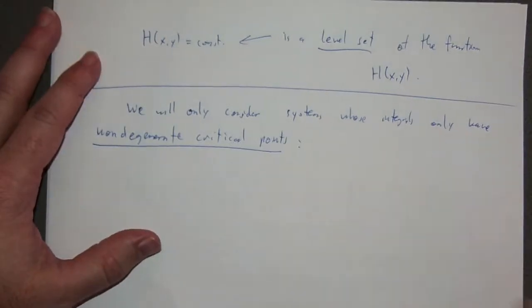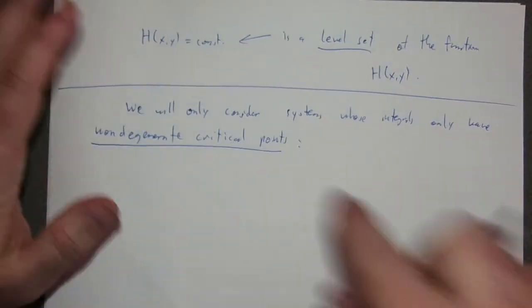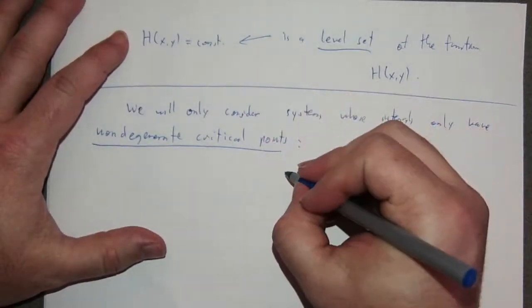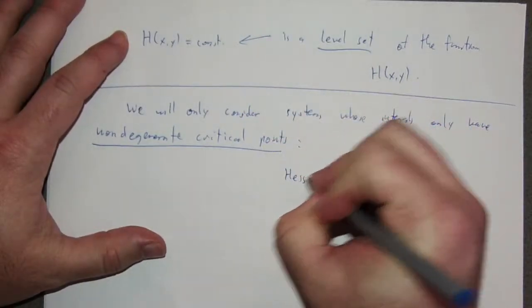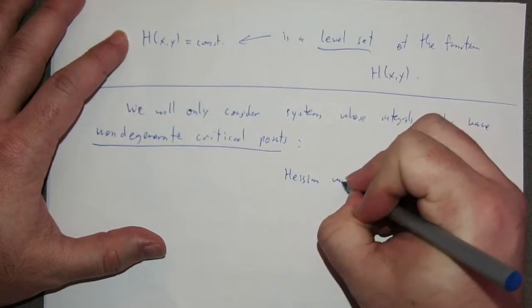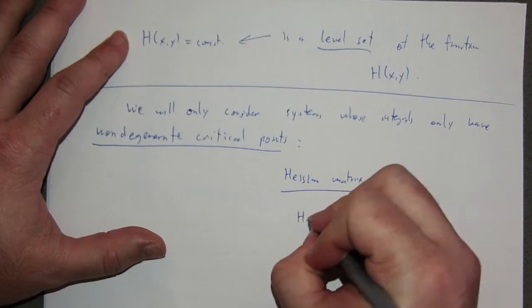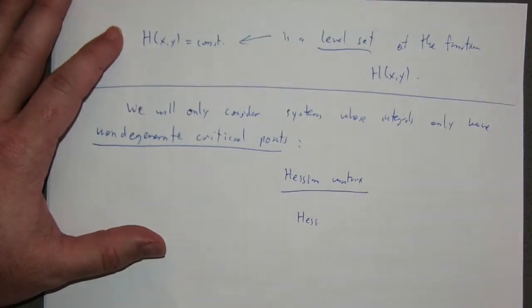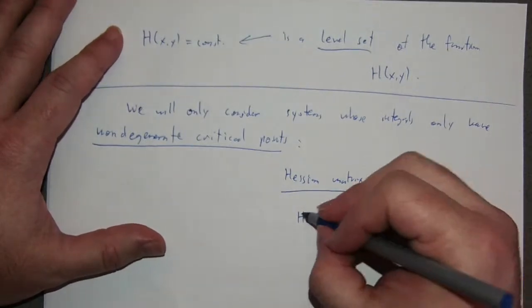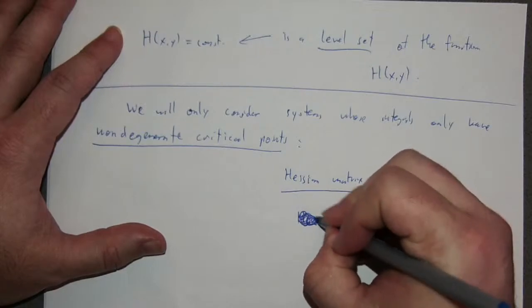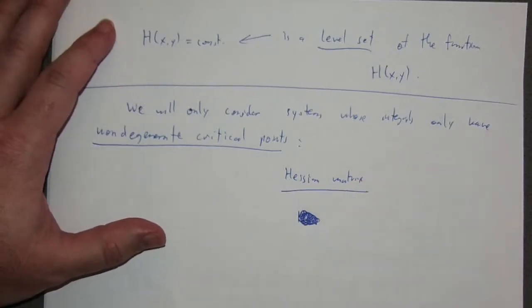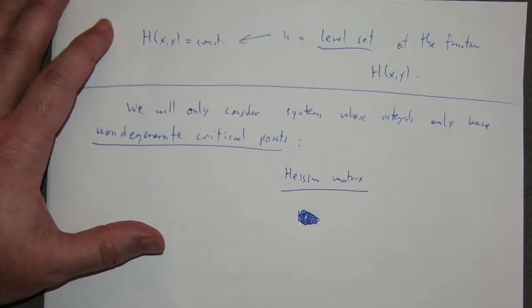So there's the Hessian matrix. Hess, or the book writes it as del squared, and in a lot of places you'll see Hess written here.